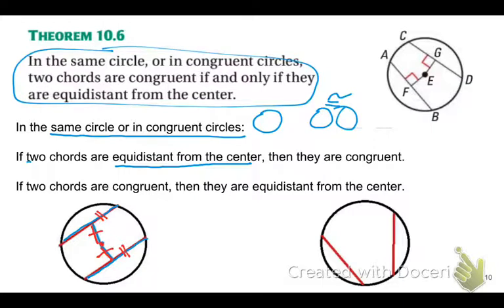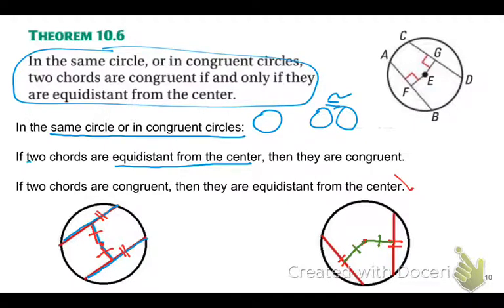Now the opposite holds true. The second sentence says, if two chords are congruent, let's look at the circle on the right. So two chords are congruent, then, this is our center point, then we know that they are equidistant from the center. We know this line is equal to this line.